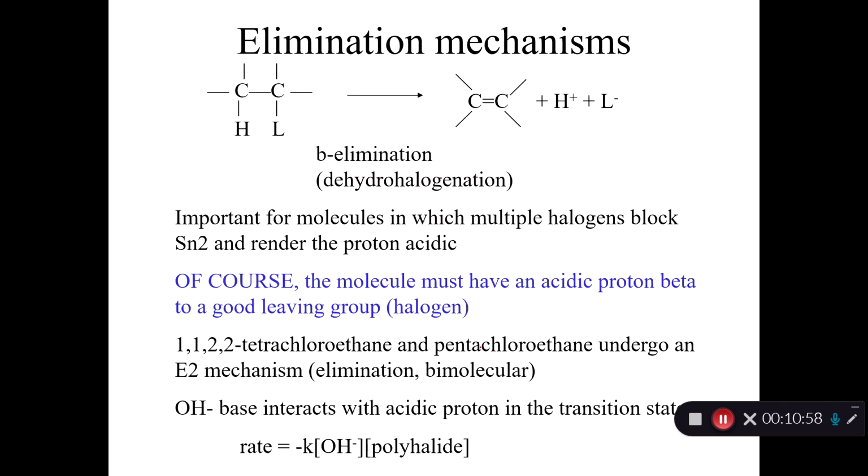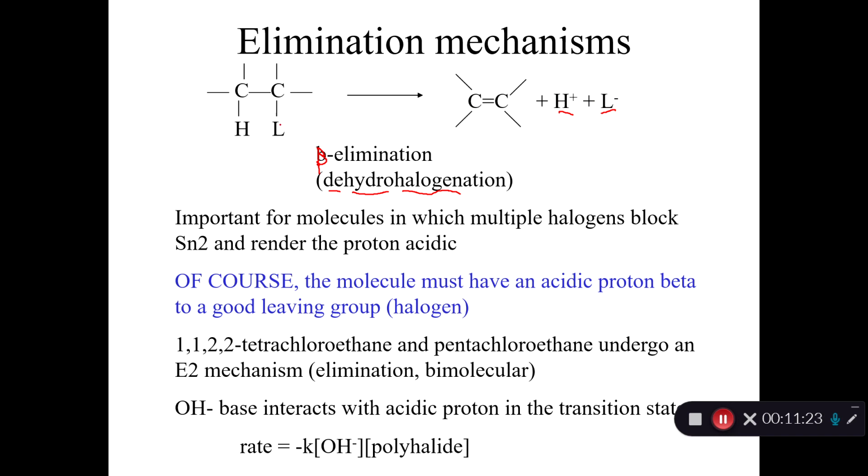Well, the answer is that they're undergoing an elimination reaction. Sometimes this is called beta elimination. And this can also be called dehydrohalogenation. D meaning you lose something, hydro meaning you lose a hydrogen, and halogen meaning you lose a halogen. So here's the hydrogen, here's the halogen.